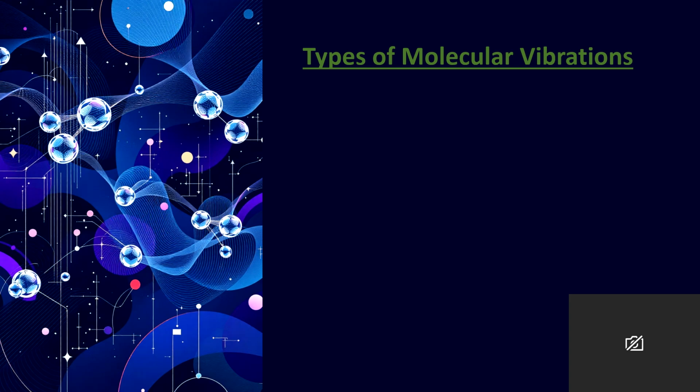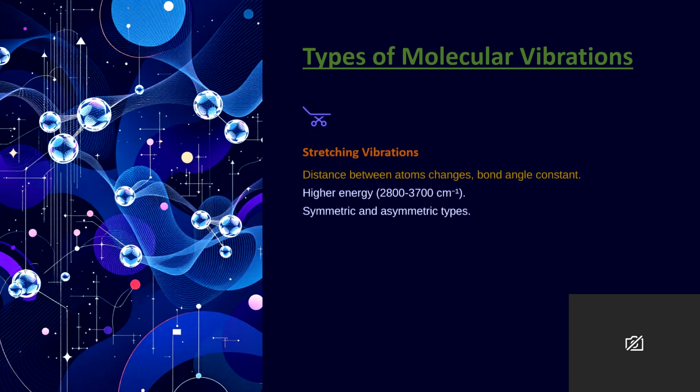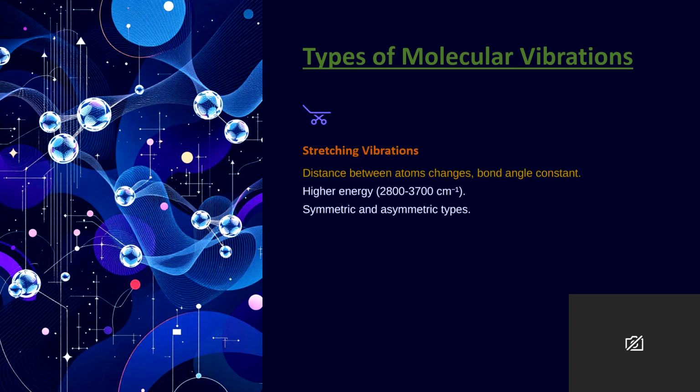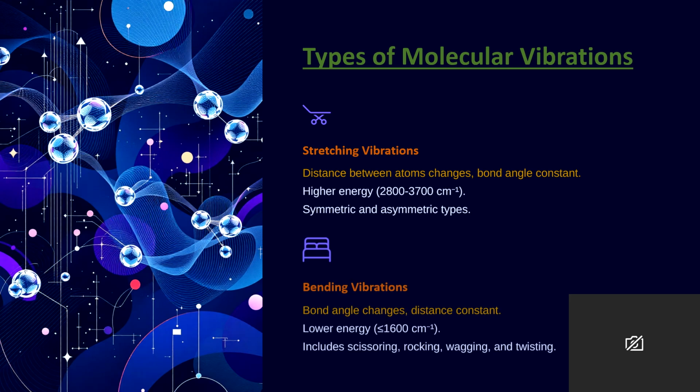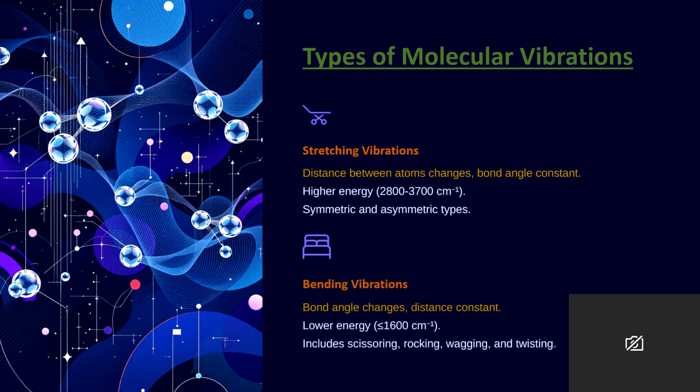The molecular vibrations in IR spectroscopy are divided into two parts. First is stretching vibrations. In stretching vibrations, only the distance between the atoms changes and the bond angle remains constant. And this stretching vibration occurs at a higher energy as compared to the next, which is the bending vibrations. In bending vibrations the bond angle changes and the bond distance remains constant, and it occurs at a lower frequency.